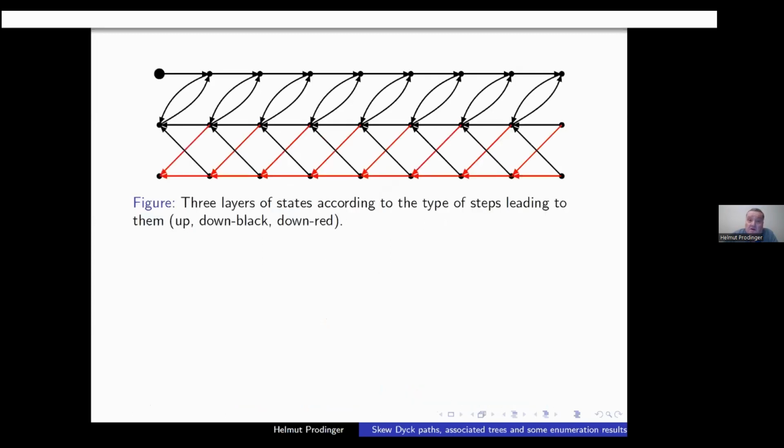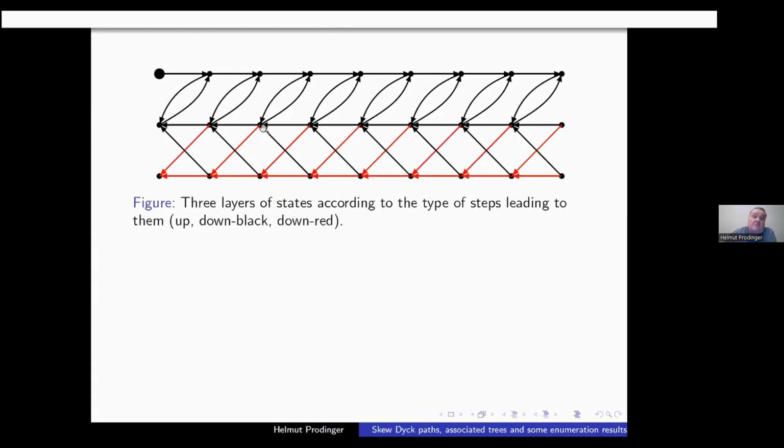What happens here is best described by this type of graph, where one can do up steps in the first layer of these graphs. So you can do an up step, another up step, and so on. Then after the up step, you cannot do a red down step, but you can do a black down step.